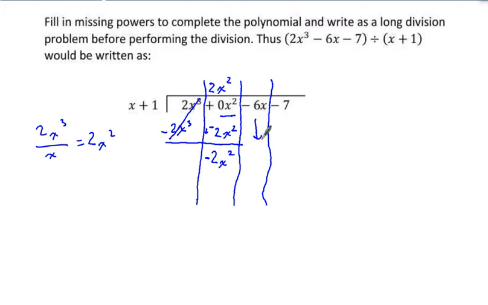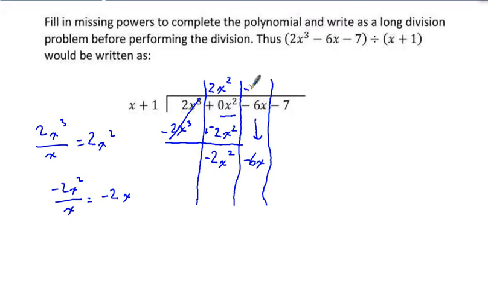So we divide, multiply, we've just subtracted, we bring down negative 6x, which was our next term, and we repeat. So negative 2x squared divided by x equals, let's not forget the coefficient this time, negative 2 divided by x is still negative 2. The x squared divided by x is now just x to the first.